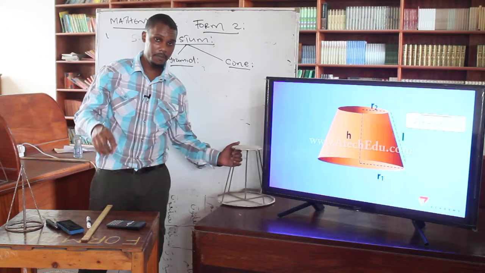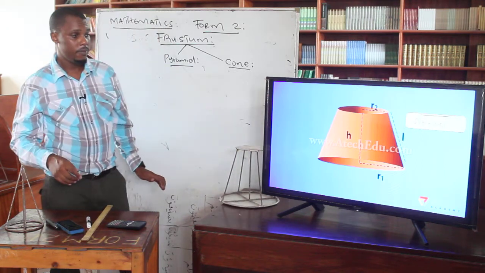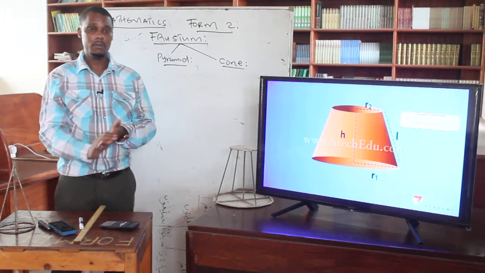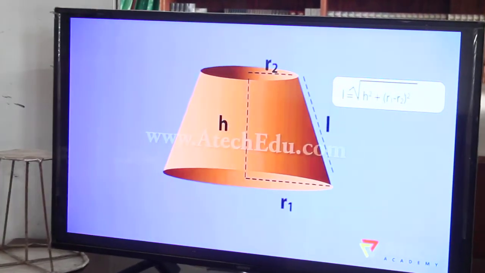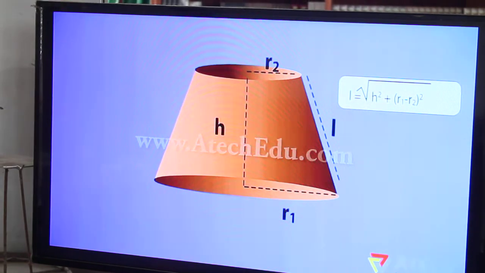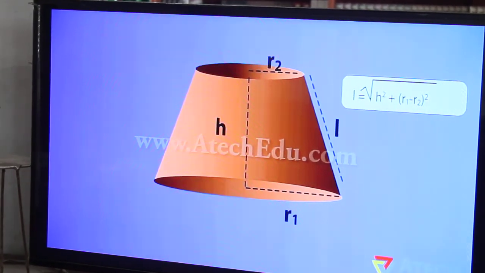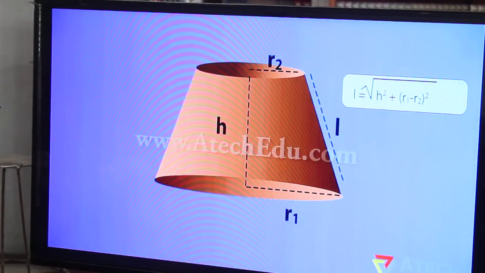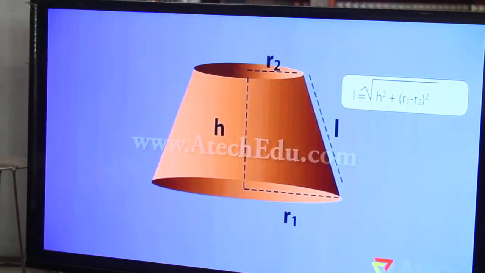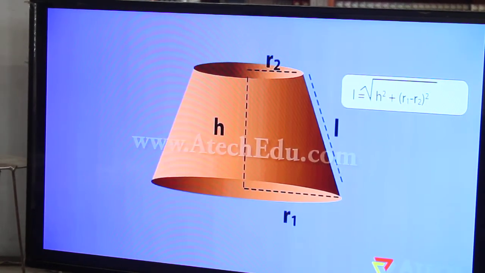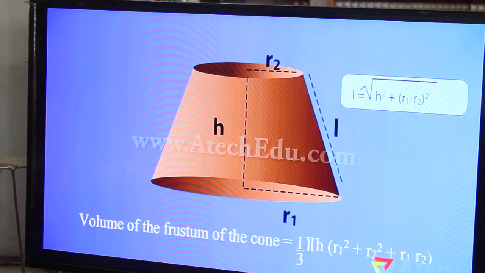Let's continue. Let H be the height, L be the slot height, and R1 and R2 the radii of the bases. Here, R1 is greater than R2. Volume of the frustum of the cone can be calculated.